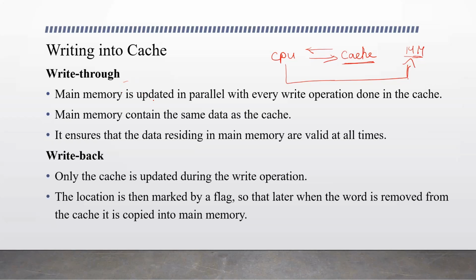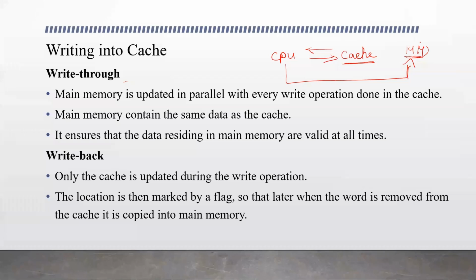Write through means main memory is updated in parallel with every write operation done in the cache. Whenever a write operation is performed in cache, the corresponding data in main memory is also located and updated. So main memory will always have the same data as is available in the cache.